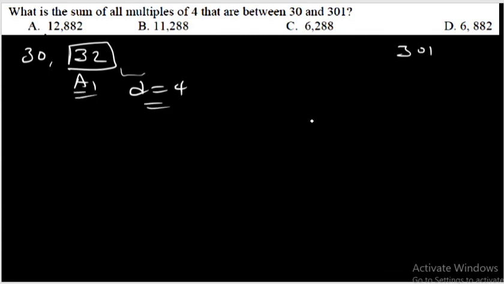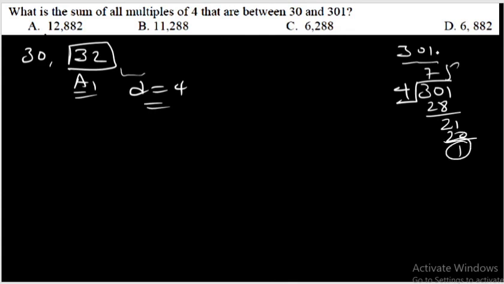What is the last term which is a multiple of 4? Let us check how. Divide this number, 301, by 4. When you divide it, it will be 7 times 28, remainder 2, bring down 1, it's 5 times, and 5 times 4 is 20. What's the remainder? 1. So we have to subtract 1 from it.